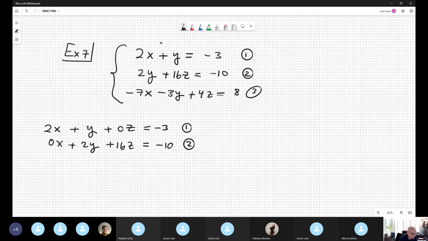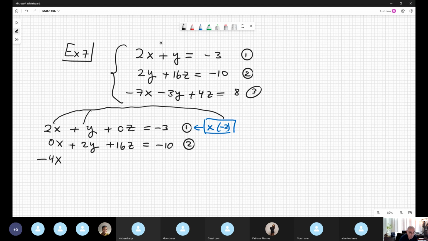Because I need to understand the strategy. Ah, the strategy, I got it. The strategy is you multiply equation 1 by negative 2, because then we will have negative 2y. When you multiply the entire equation 1 by negative 2, we have negative 4x, because negative 2 times positive 2 is negative 4.